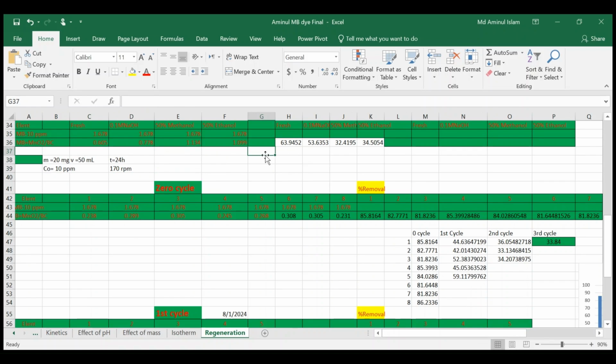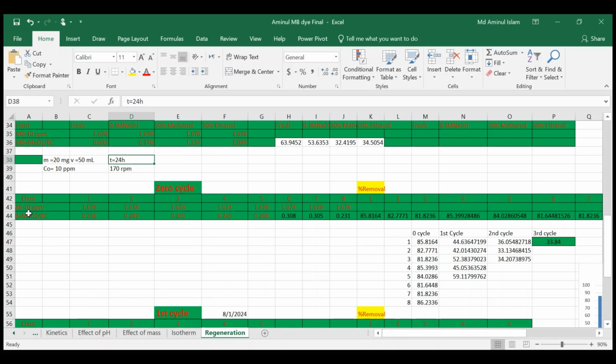For example, in batch experimental conditions, I took eight samples containing mass 20 mg, volume 50 milliliter, initial concentration of methylene blue 10 ppm, shaker speed 170 rpm, and shaking time 24 hours.